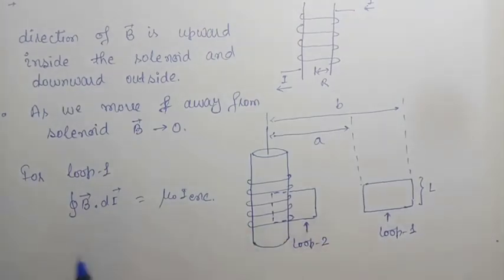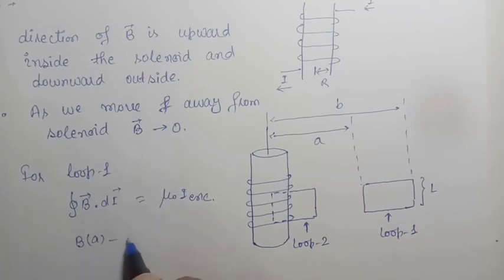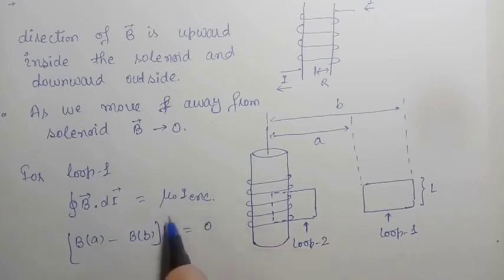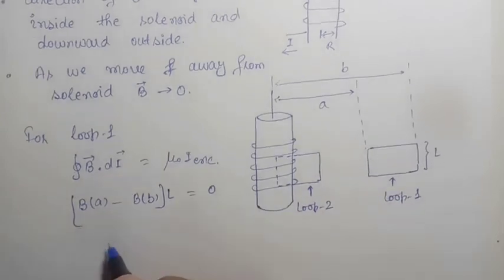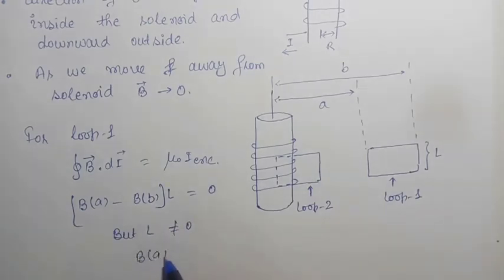So when we integrate, we get B(A) and B(B) between the limits A and B, and here we have the length of the loop, and this term equals 0 because the current outside the solenoid equals 0. But L is not equal to 0, so the magnetic field B(A) equals B(B).